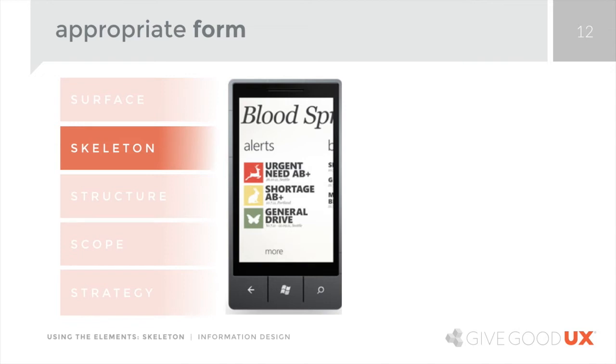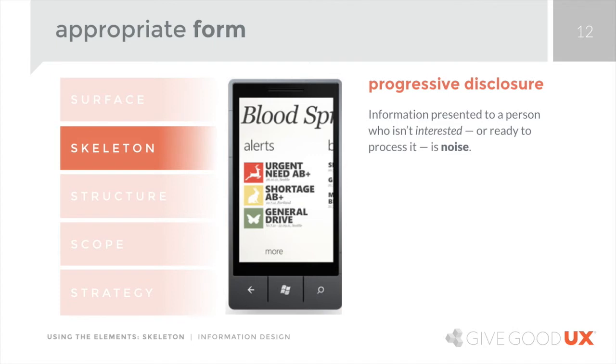Appropriate form also comes from applying the most critical of design principles, and that is progressive disclosure. Start with the fact that information presented to a person who isn't interested in it or isn't ready to process it is noise. If I don't want it, if I don't need it, if I can't use it right now, it's noise. From a design perspective, only necessary or requested information should be displayed at any given time.